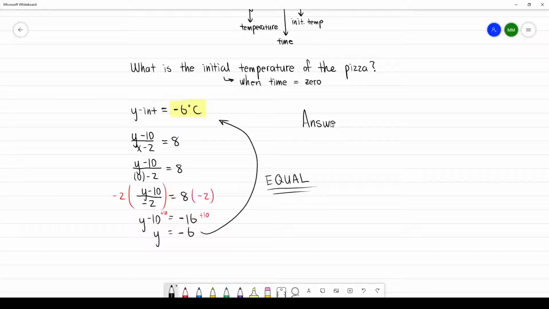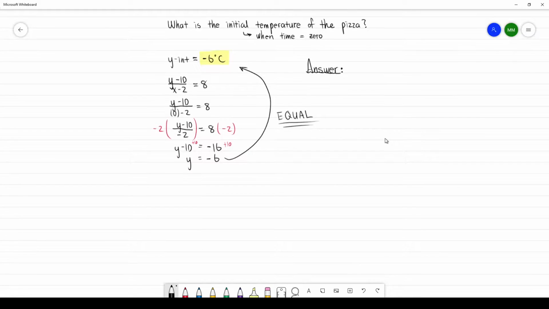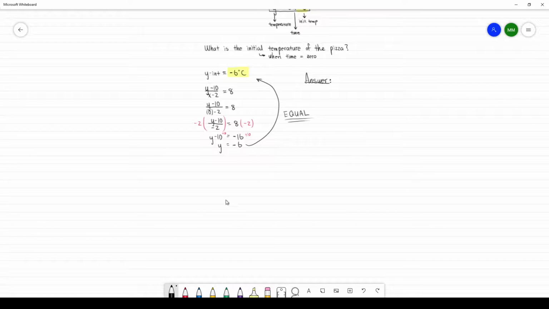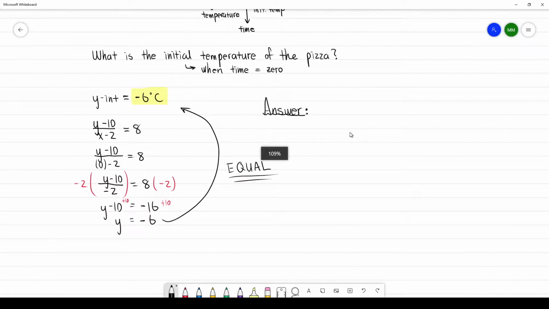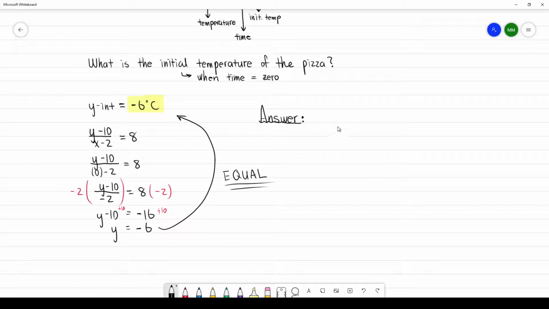So teachers in school like you to give a sentence answer for a real problem, and I can understand why, because this is not that much work, but imagine you have a really long page of work, like say it goes up to here, go down to here, and you have so many values, so many variables, they won't know which one is the right answer. So that's why when you have a real problem, teachers like you to present a sentence answer.